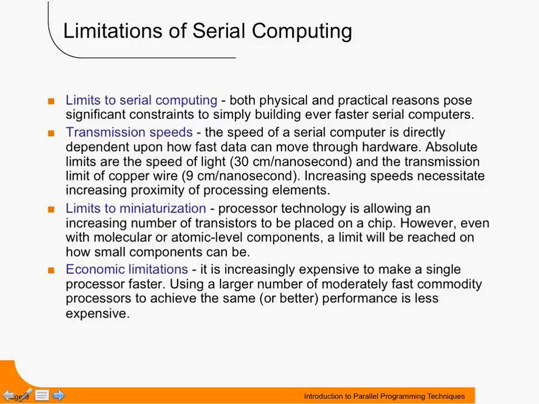Another issue is that we can use more transistors, but then we need to decrease their size. And another limitation is power and cooling, because if we increase more and more transistors, it needs more and more power to run, as well as more and more power to cool down.